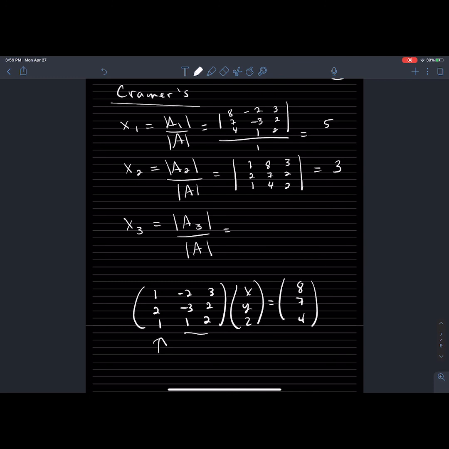And for this last one, it's 1, 2, 1, minus 2, minus 3, 1, and I replace this last column with b, 8, 7, 4. And I get 3 again. And because that's divided by 1, it's kind of nice to get that divided by 1. Okay, that's it. Thank you very much.